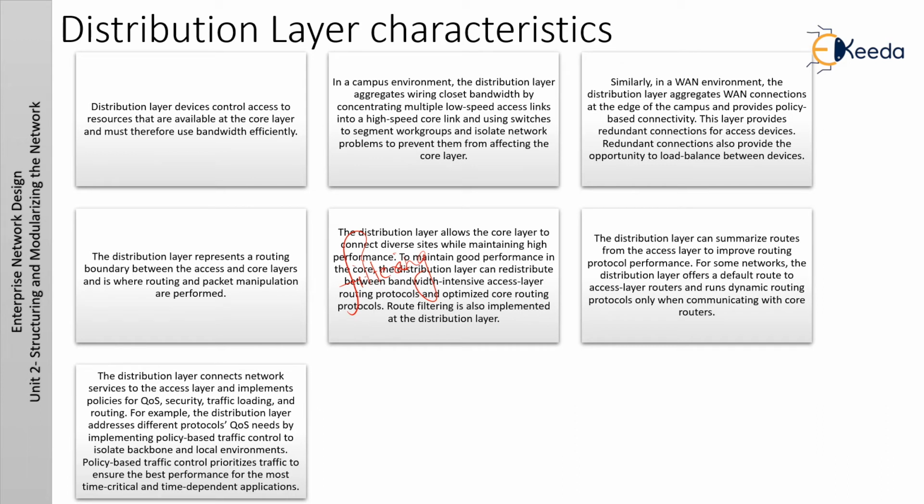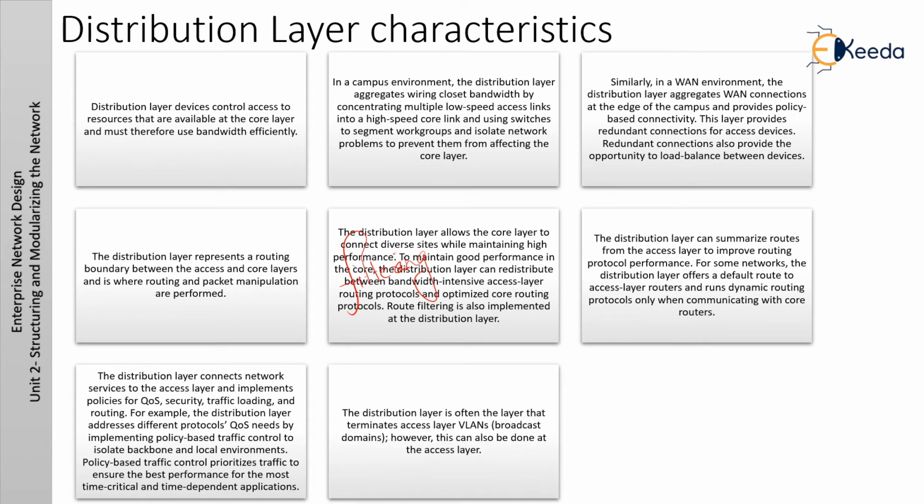The distribution layer connects network services to the access layer and implements policies for QoS, or quality of service, security, traffic loading, and routing. For example, the distribution layer addresses different protocols and the quality of service needed by implementing policy-based traffic control to isolate the backbone and local environment. Policy-based traffic control prioritizes traffic to ensure the best performance for the most time-critical and time-dependent applications.